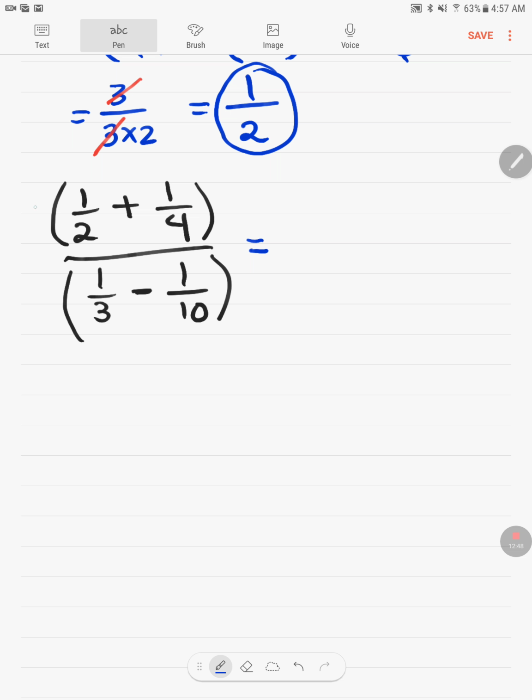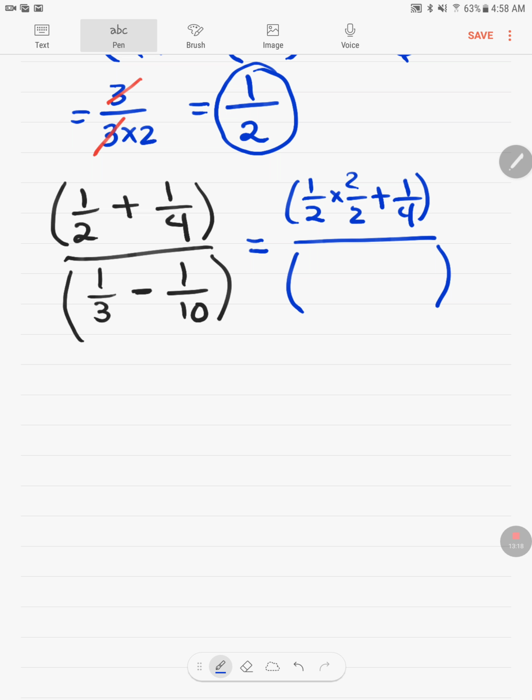Let's start with the numerator in the top. A common denominator could be chosen to be 4, because 4 could be divided by itself and 4 could be divided by 2. So we could have 1/2 times 2/2 plus 1/4. Now a common denominator for the bottom part. What's a number that could be divided by 3 and could be divided by 10?